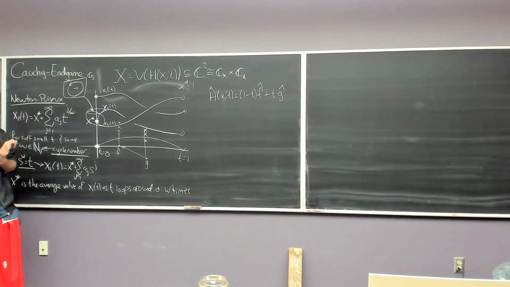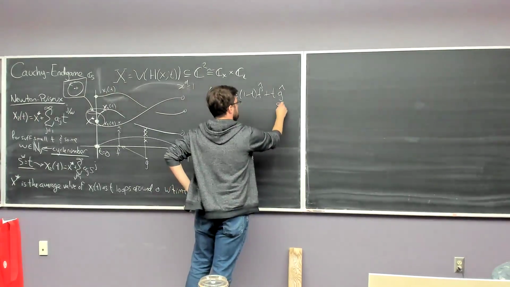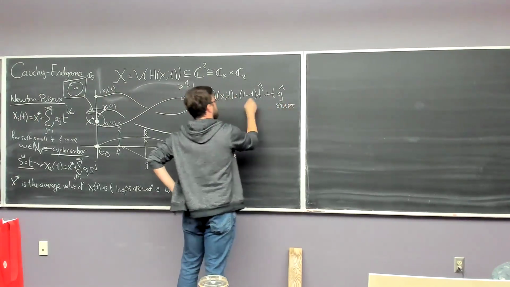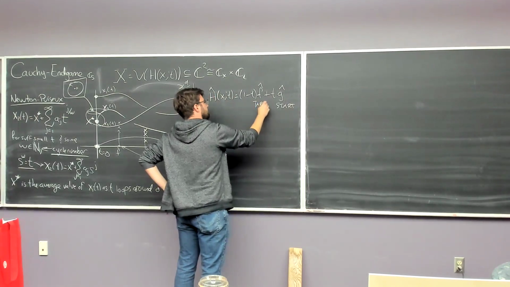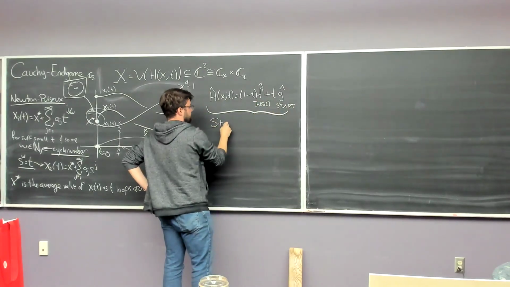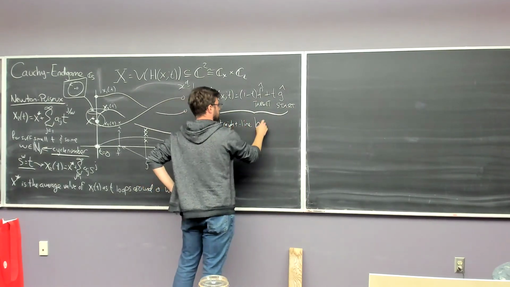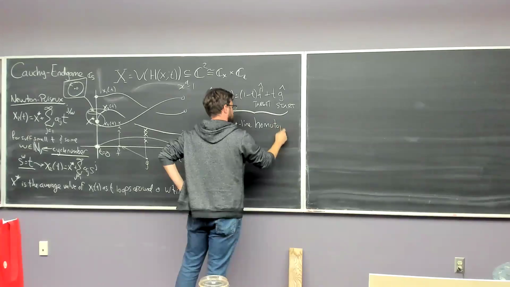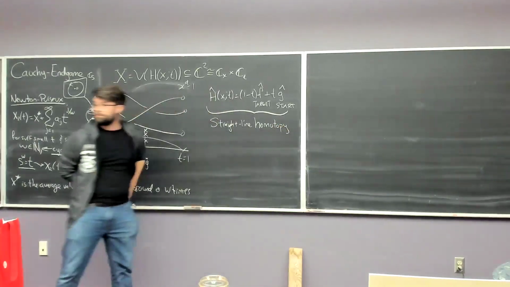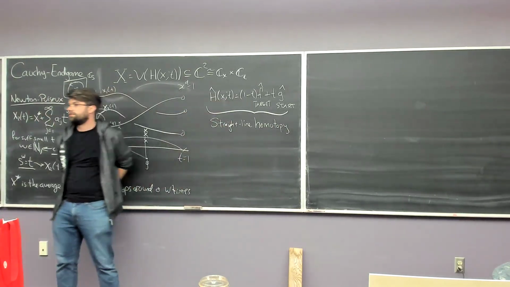So you could do this. This would be the start system and the target system. And this would be called a straight line homotopy. Straight line indicates that it is linear in t.